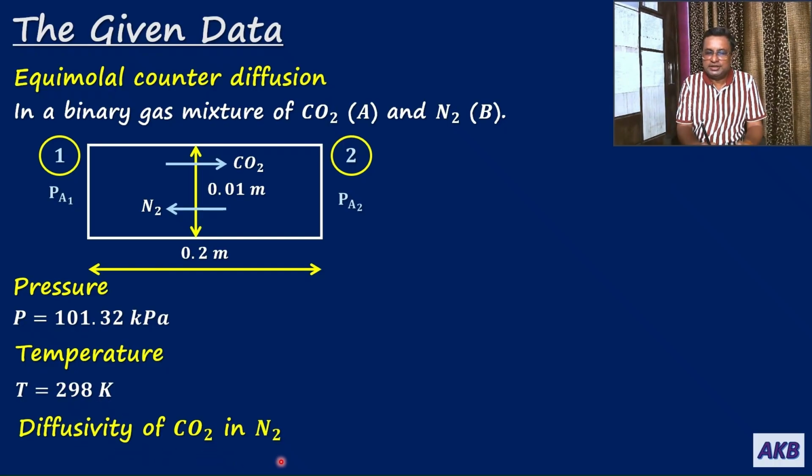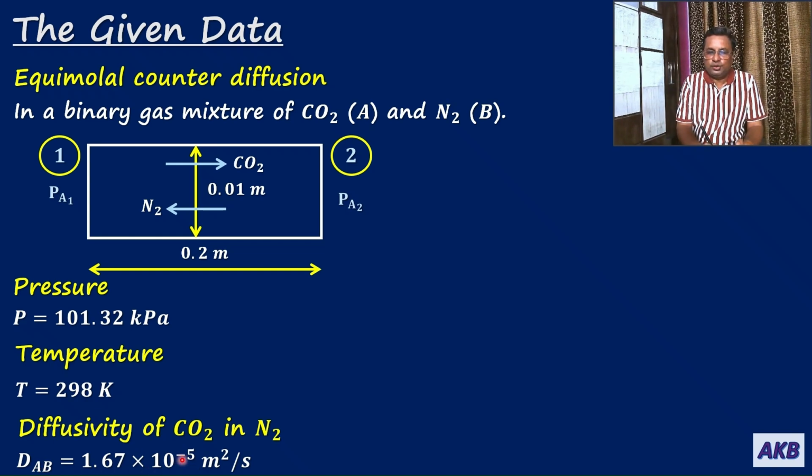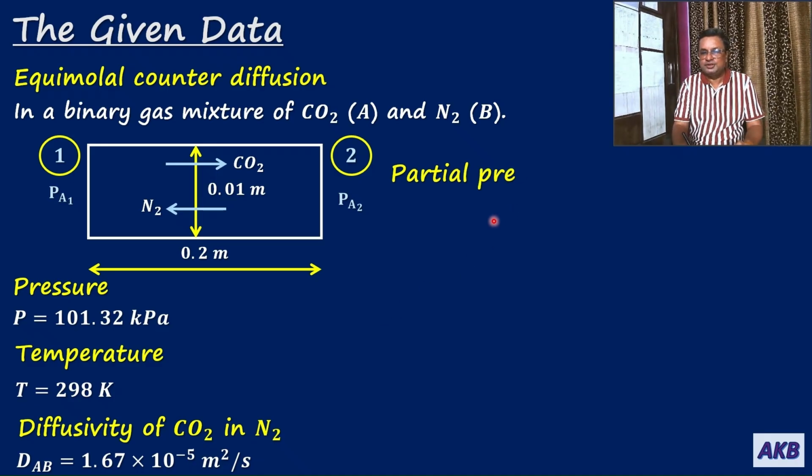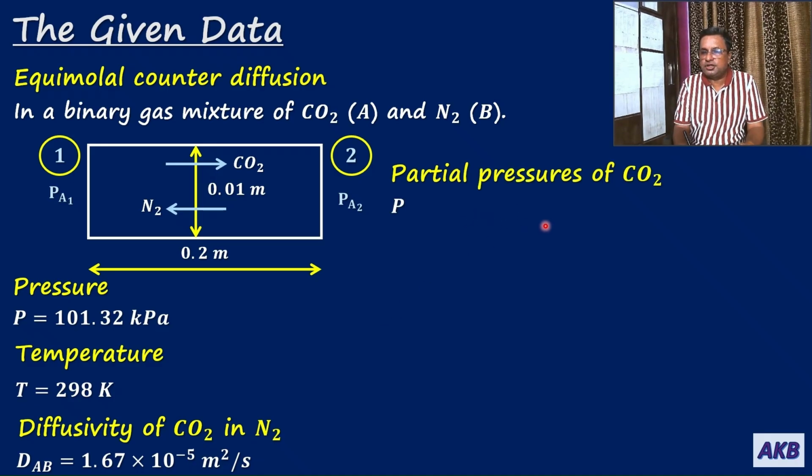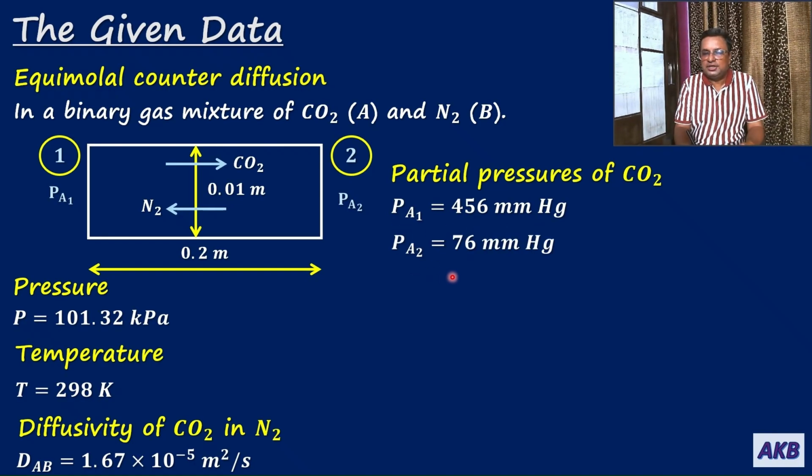Diffusivity of CO2 in nitrogen, or diffusion coefficient, we denote by D_AB. D_AB is 1.67 × 10^-5 meter square per second. Then the partial pressures of A at the two ends are given: P_A1 is 456 mm of Hg and P_A2 is 76 mm of Hg, and we have to convert these to kilopascal.